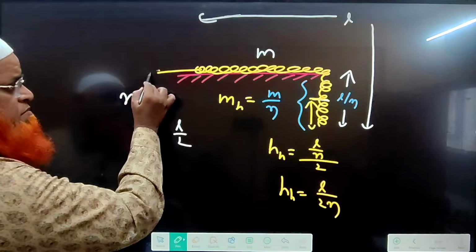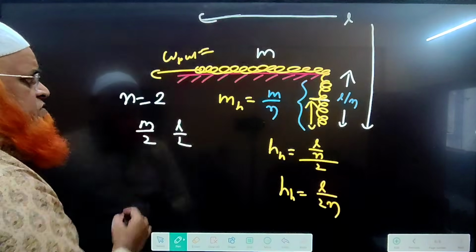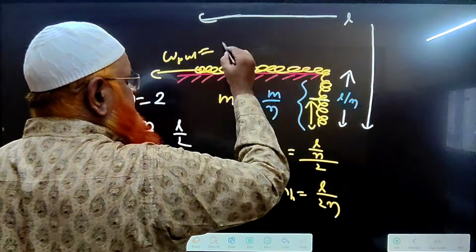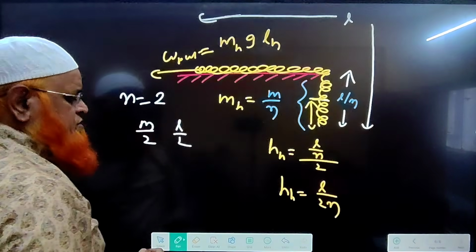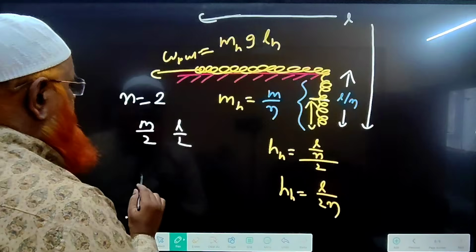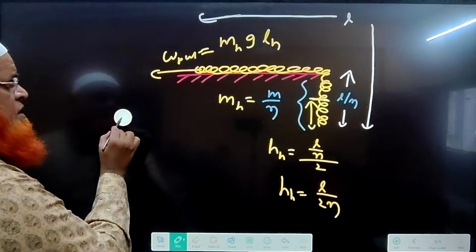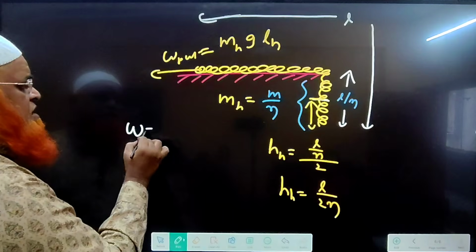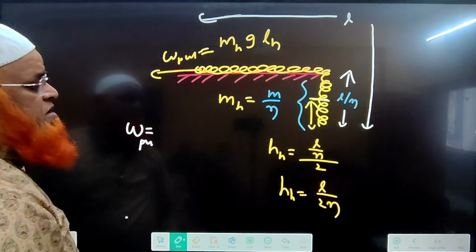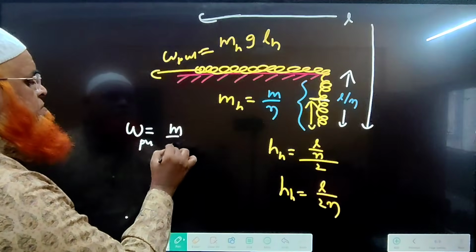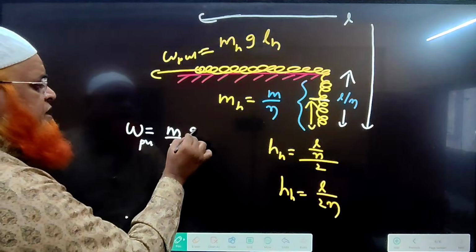So what is the work done by you to pull the chain? It is nothing but the mass of the hanging chain, g, into the length of the hanging chain. The mass of the hanging chain is m by n, into g.